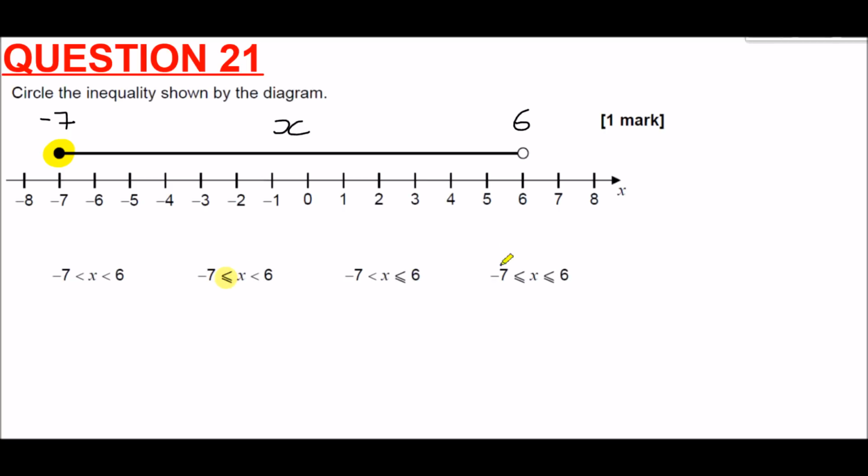And so it could be either the second or fourth options. On the other hand, if a circle isn't filled in, it means x can be all the way up to that value, but can't actually be exactly that value itself. And so that means x must be less than 6. X can't actually be equal to 6. And so what we're after for that one is a symbol without the line underneath.